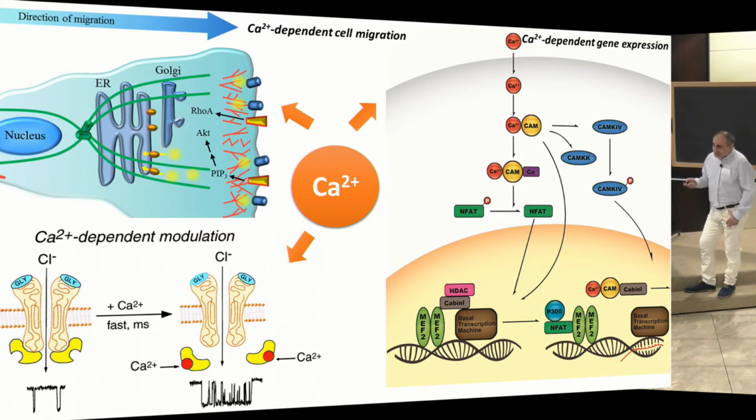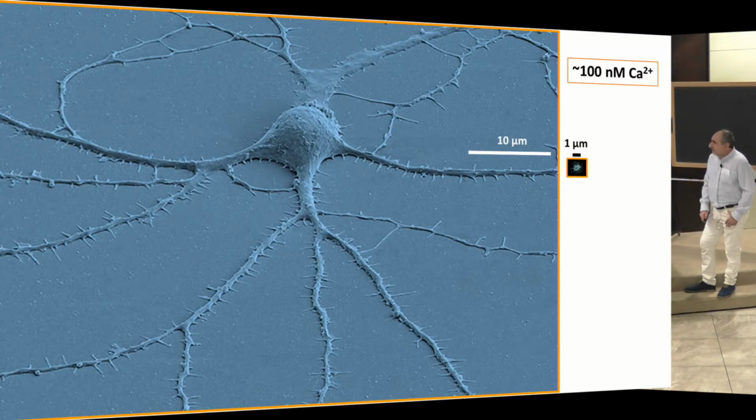But if we go deeper into evolution and look at such a complicated eukaryotic cell as a neuron, and compare it to a very primitive prokaryotic cell, which is a bacteria, which doesn't have a nucleus, and most importantly, doesn't have endoplasmic reticulum inside.